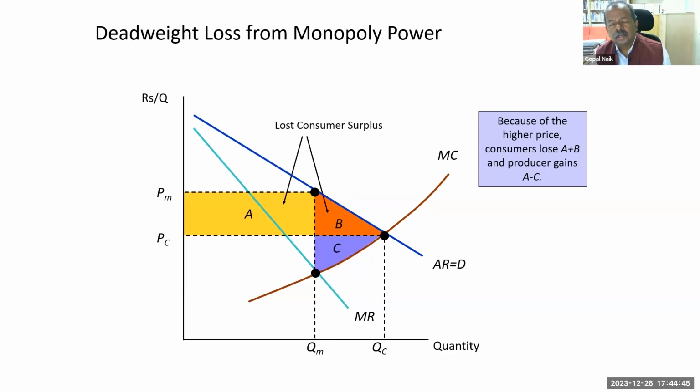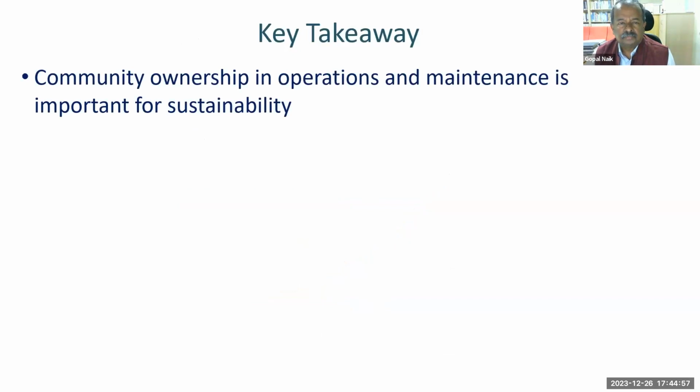Because of market structures other than the competitive structure, we see there is a deadweight loss in the economy. We want to avoid that kind of deadweight loss, especially in the case of the drinking water system. Therefore, we would like to understand the competitive market price, and whether we can come up with a price closer to it in order to arrive at a user charge in the case of the drinking water delivery system.